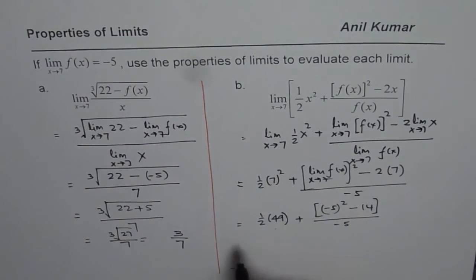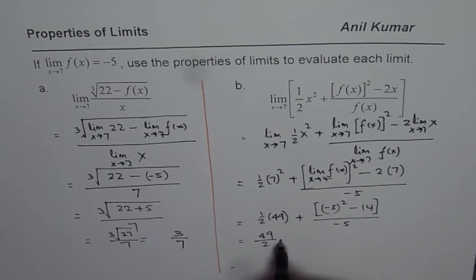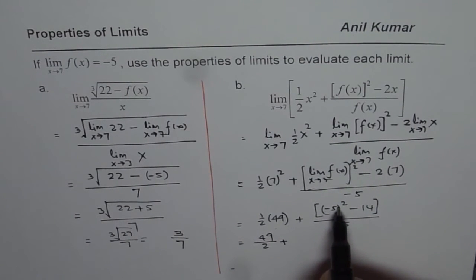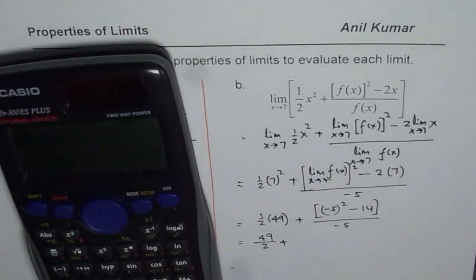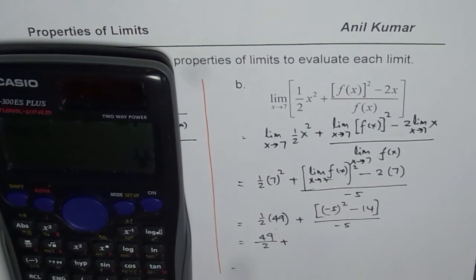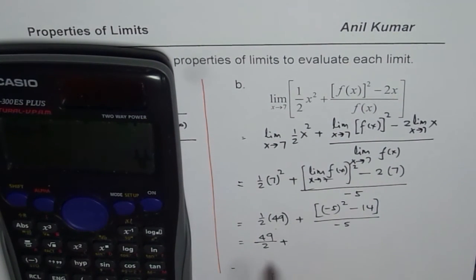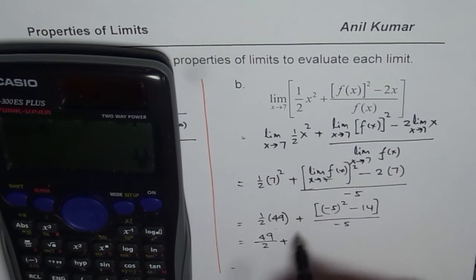So you could simplify this a bit, 49 by 2 plus 5 square is 25. You can actually use the calculator. So let's do 25 minus 14, and then we'll divide by 5. So we get 11 over 5. This negative makes it positive, makes it negative.